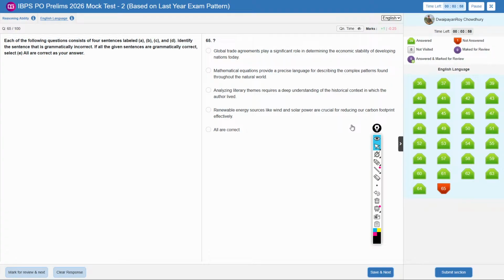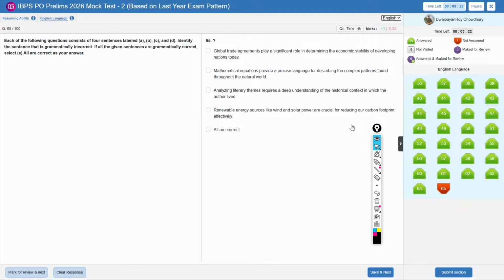Mathematical equations provide a precise language for describing the complex patterns found throughout the natural world. Analyzing requires a deep understanding of the historical context in which the author lived.